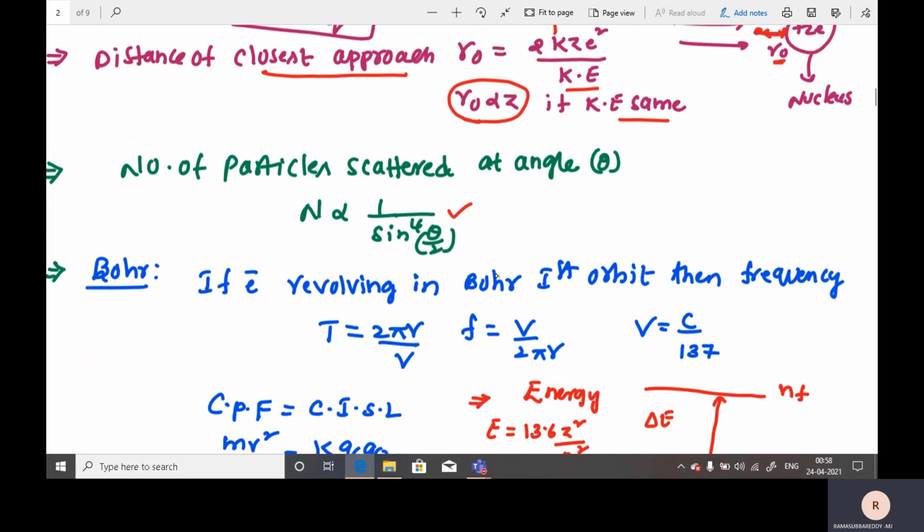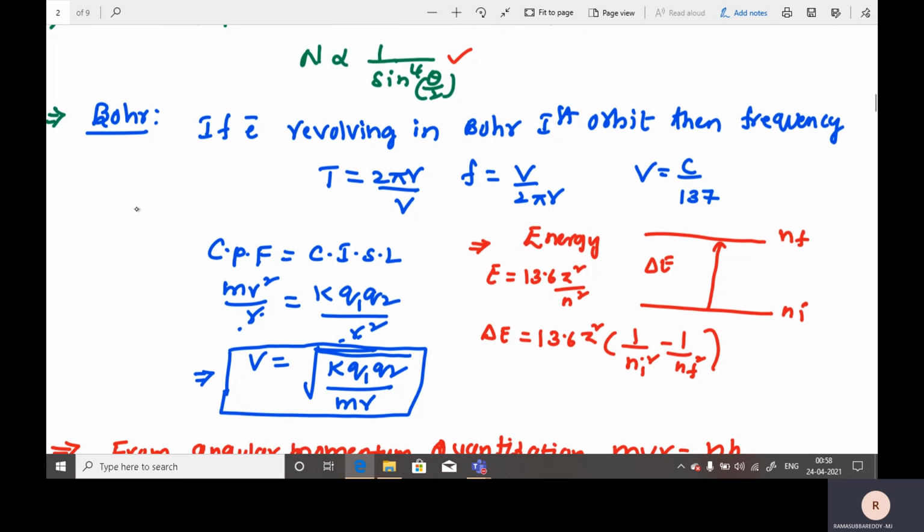Then from the Bohr concept, if an electron is revolving in a circular orbit, then the time period T is equal to 2 pi r, that is the circumference of the circle, by v, the velocity. The frequency we can write as the reciprocal of time, v by 2 pi r. Then we know the velocity is c by 137.